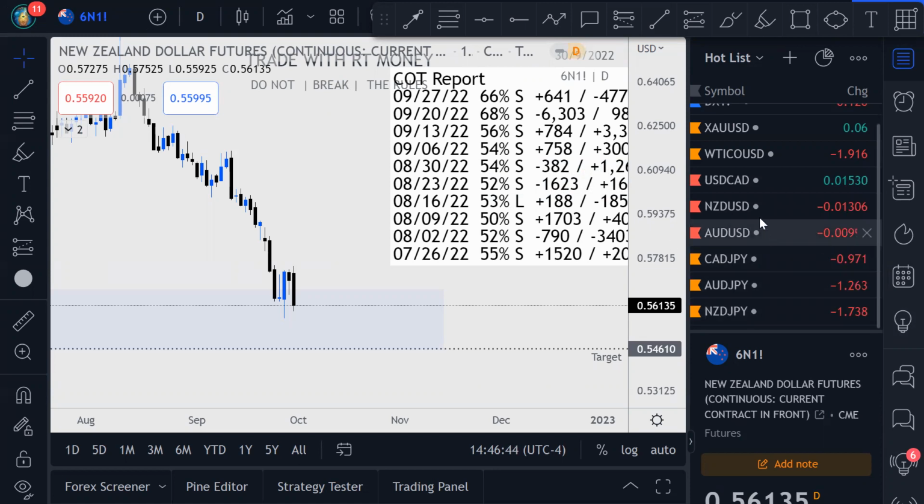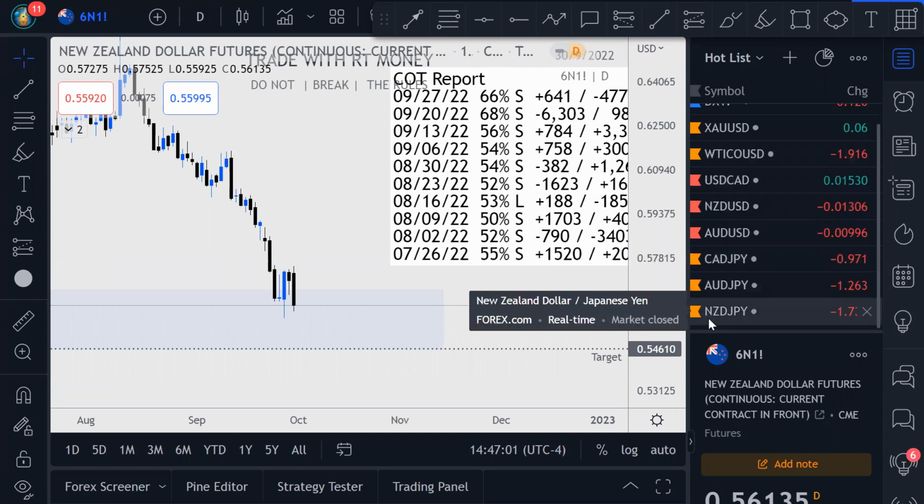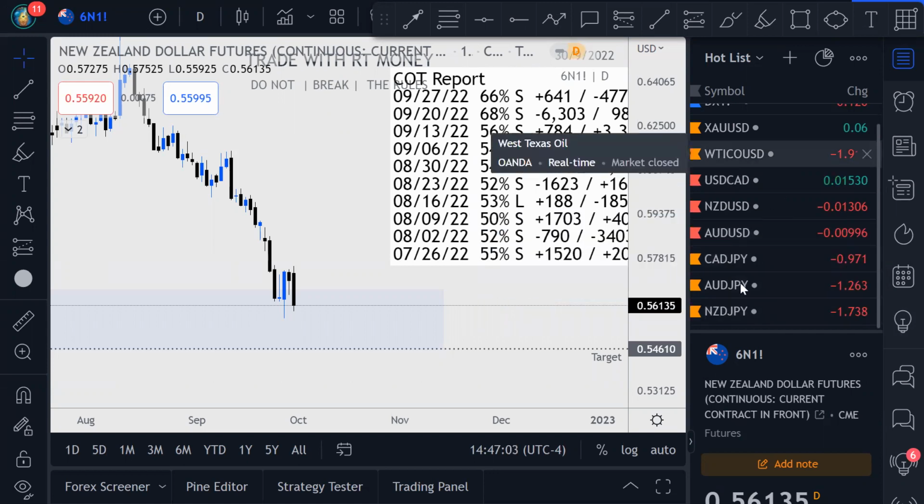Secondarily, I think these are going to be our best chances for good, strong trades with a high probability: the CAD against the yen, the Aussie dollar and the New Zealand dollar against the yen. I think those will also represent some good opportunities.